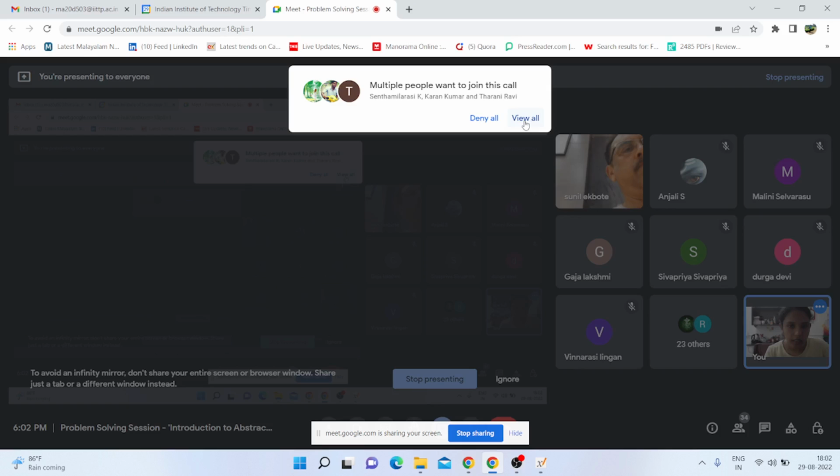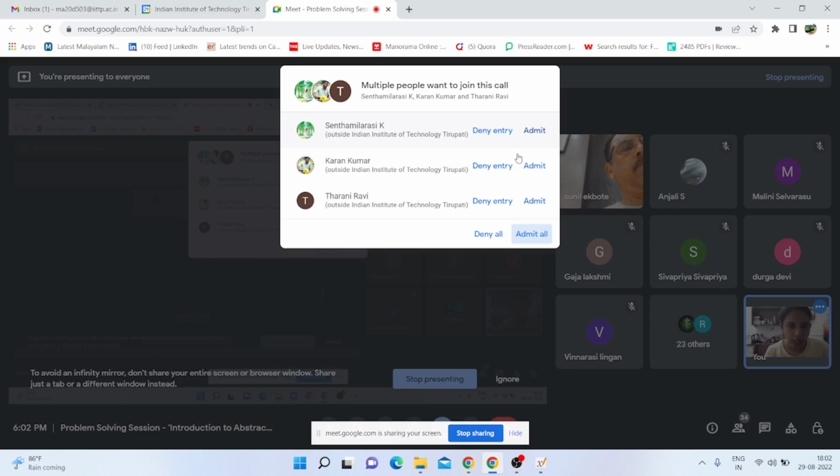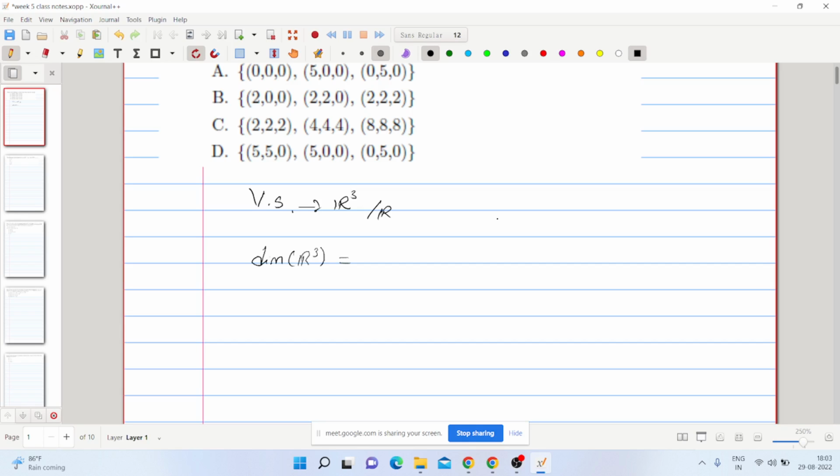Yeah, 3 coordinates will be there. 3 dimension. Yeah, dimension is a number, that is 3.